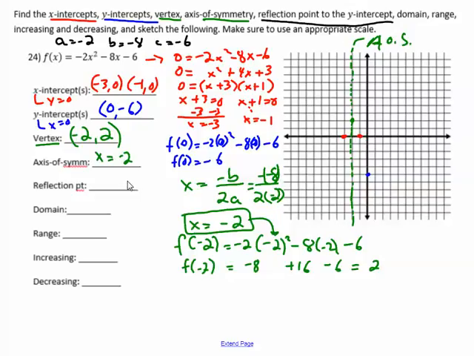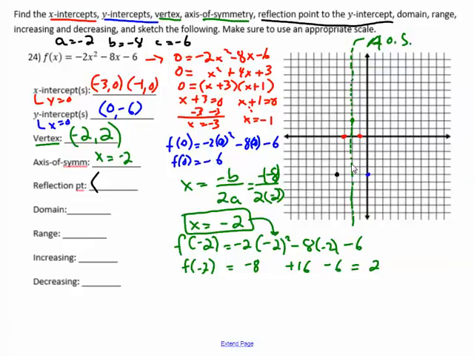Now my reflection point is the last point that I can talk about. Because my parabola is symmetrical with relation to that axis of symmetry at x equals negative b over 2a, x equals negative 2, then if there's a point over here, 2 spots, then there's also a point over here, 2 spots, and that would be my reflection point.